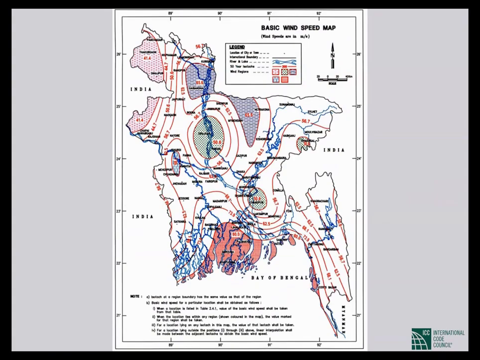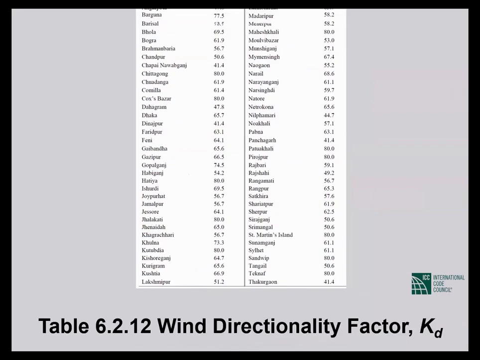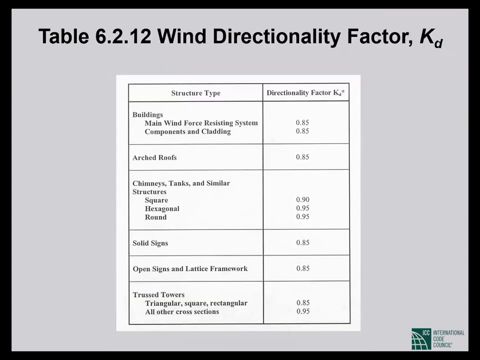So this map tells you that you use tabulated values. If you don't have tabulated values and you're in one of those zones, you use the value for the zone. If you are outside of the zones, then you interpolate between contours, unless you sit on a contour, in which case the value of the contour is your wind speed value. So V is made very easy to figure out.